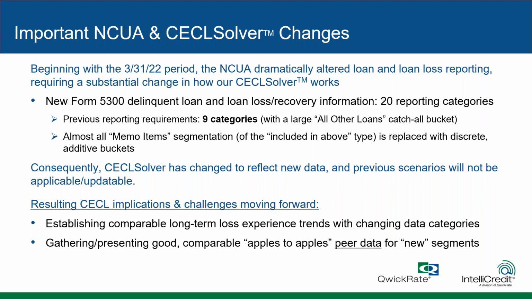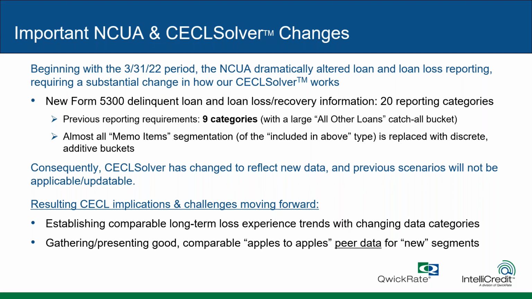It's actually helpful from a CECL perspective because we now have some more commercial segments that are discrete and not memo items than we used to have. The challenge is we have before March 31st buckets and we have after March 31st buckets, and we're trying to find long-term loss trends. So that's where the challenge comes.